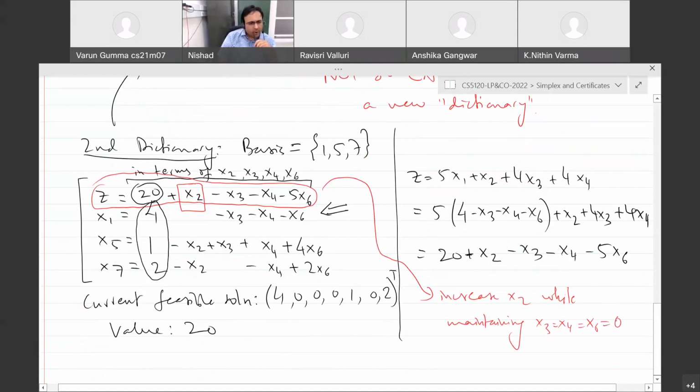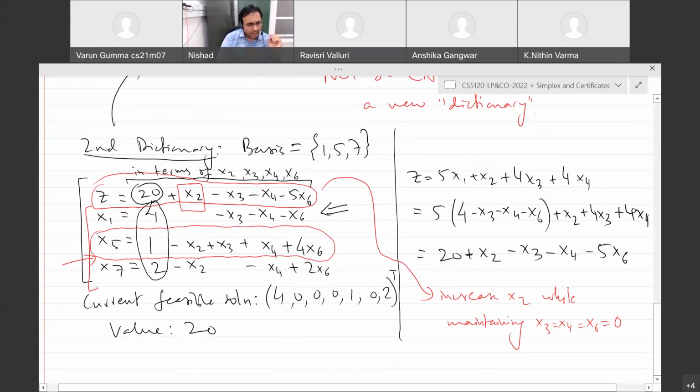Okay. So how much can we increase X2 by? Can someone look at these three equations and tell me how much we can increase X2 by? This time it's easier to observe. Just one, sir. Just one, right? Exactly. Because we need X5 to be non-negative. So the best we can do is we can increase X2 to 1, and that will make X5 equal to 0, which is fine.